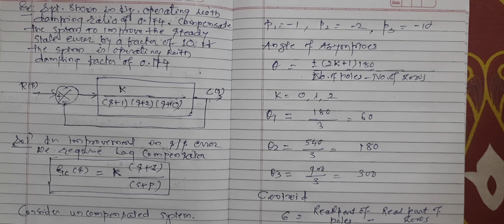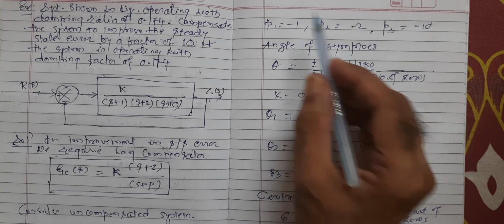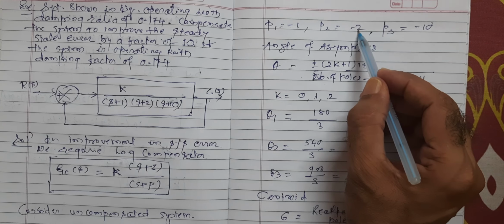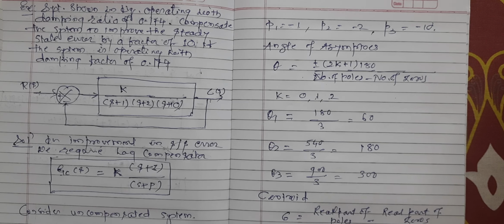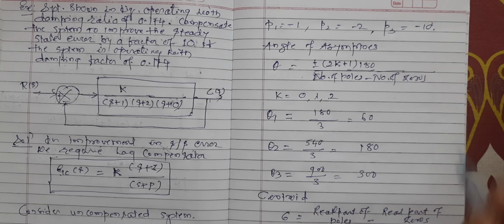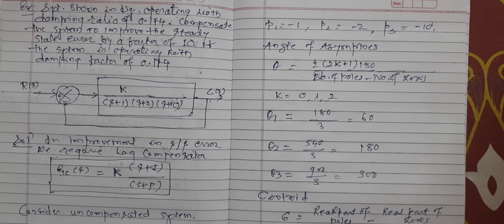The real parts of the poles are minus 1, minus 2 and minus 10. There are no zeros, so we do not consider them. The number of poles is 3. So the sum is minus 13, divided by 3.